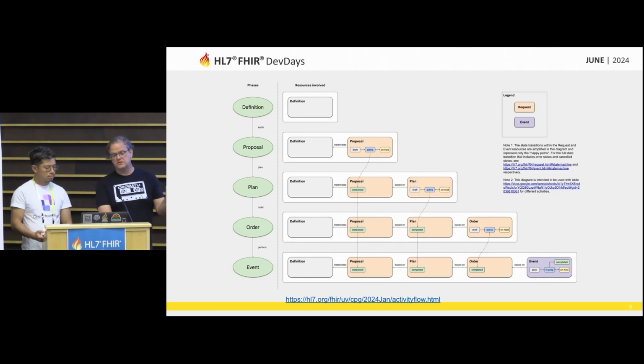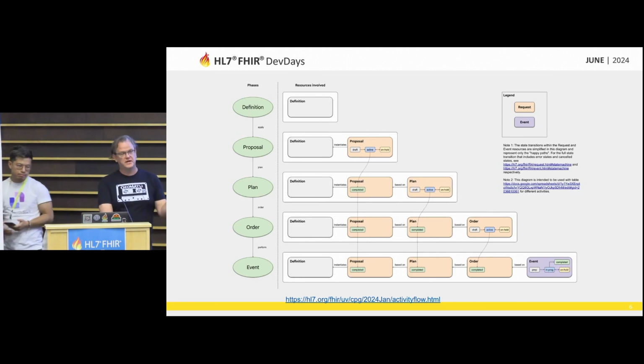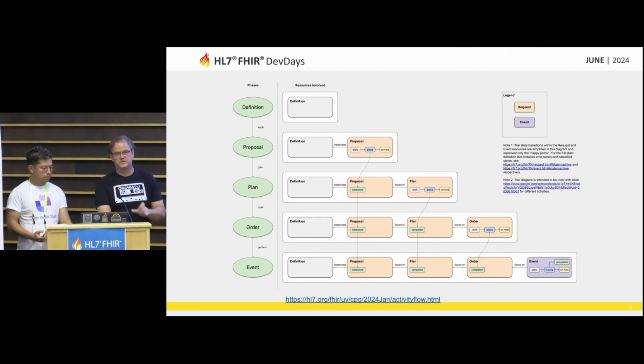We build on that pattern in the CPG to define for each of those activities how they move through that set. You get it as a proposal from decision support. That becomes a plan when you agree to do it. It becomes an order when it's authorized by a physician, and then it's actually performed as part of the delivery of that care.